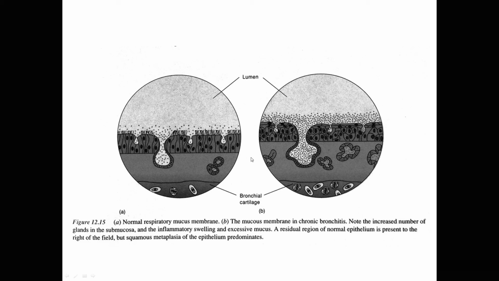There is an increased number of glands into the submucosa, swelling and narrowing the lumen, and excessive mucus. So, look here, compare the epithelium. The one-cell layer, ciliated epithelium, is replaced by multicellular layer with no cilia. This is the metaplasia typically observed in chronic smokers.